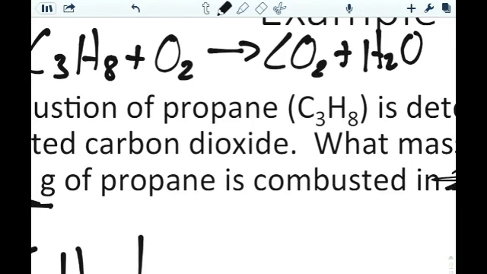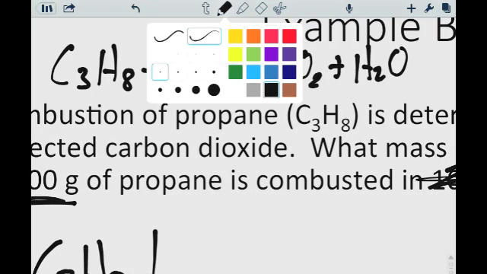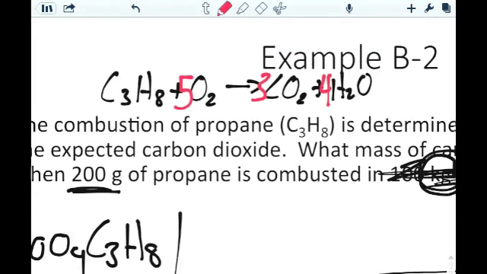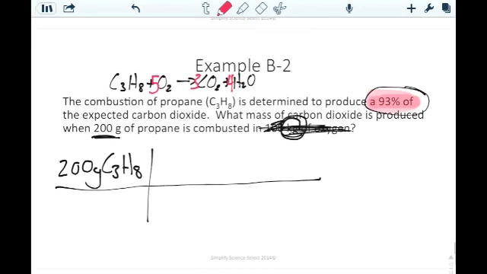To balance this out, we have 3 carbons, we need 3, so we put 3 there. We have 8 hydrogens, so I'll put a 4 there. Look at our oxygens: we have that 3 distributing, so 6, plus that 4 distributing, so 6 plus 4 is 10. That works out because we can make that 10 on the other side. So there's our balanced chemical equation.